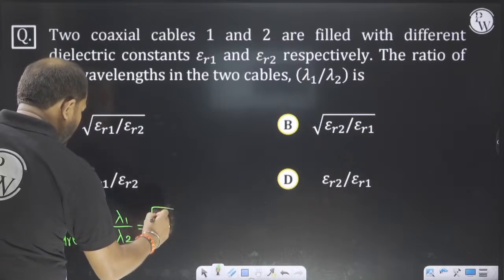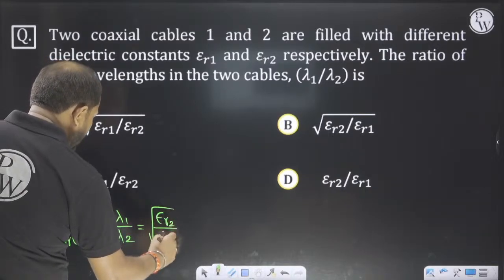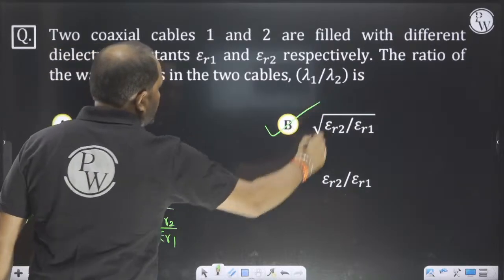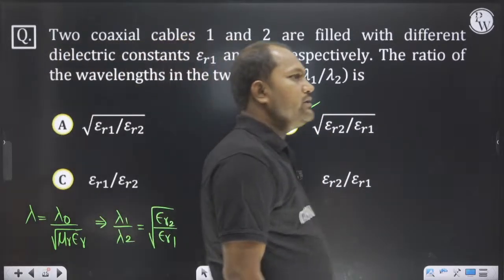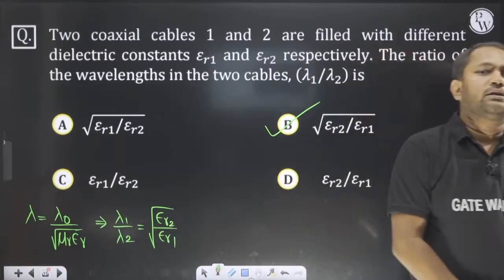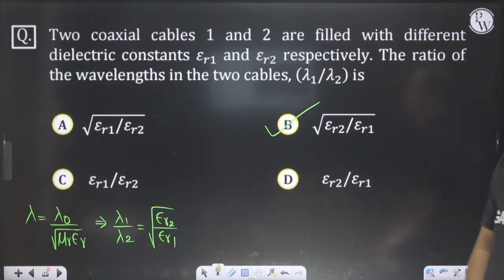They are inversely related, so under root epsilon r1 upon epsilon r2. It is a very easy question. I have taught you the formula of lambda in lossless and distortionless and lossy and distortionless, so in both cases you know the formula of lambda.